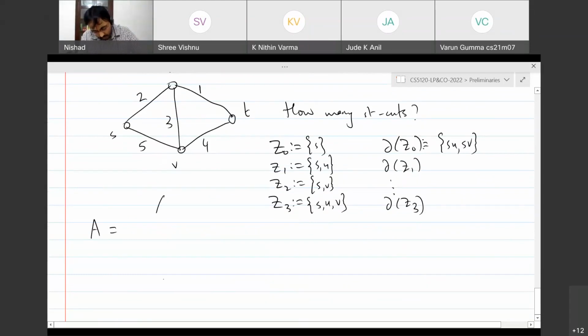We are going to put the rows corresponding to these cuts, partial of Z0, partial of Z1, partial of Z2, and partial of Z3. And we are going to have the columns indexed by the edges of the graph, right? So the edges are 1, 2, 3, 4, 5. So we have SU, SV, UV, UT, and VT.